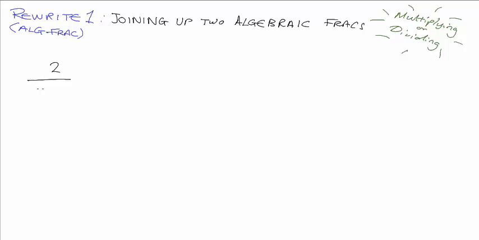So we say 2x minus 2 divided by, let's say, 4x squared over x minus 2 equals. This is actually going to be an interesting example.